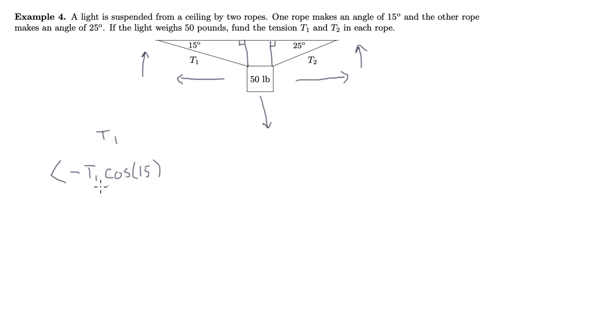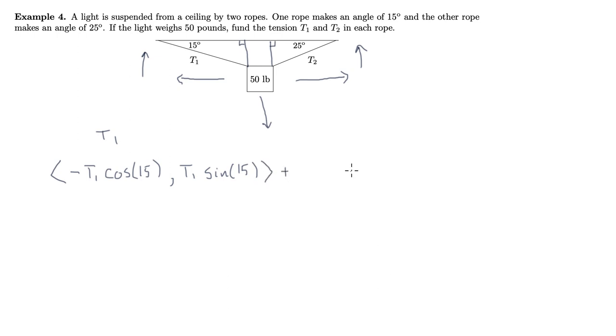So remember, we're actually looking for T1, but whatever it is, to get the horizontal component, we just multiply by cosine of 15. And then the vertical component is T1 sine 15. And it's positive because it's pointing up.